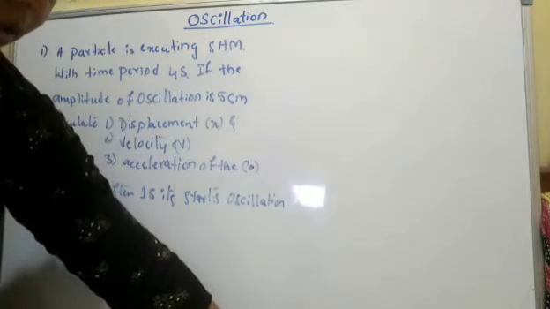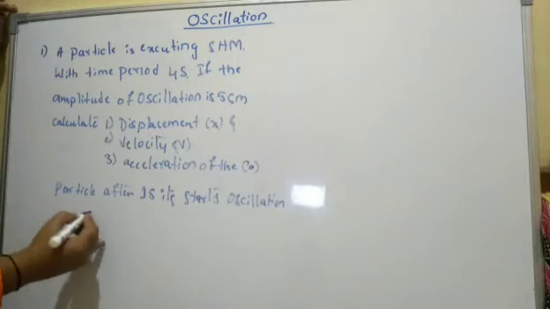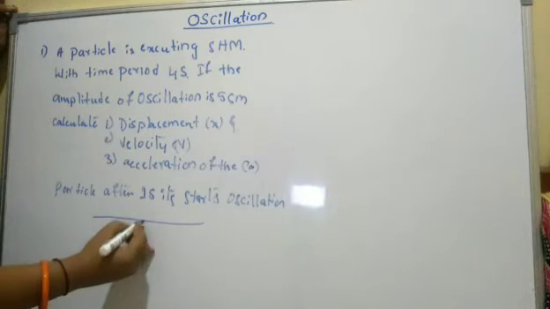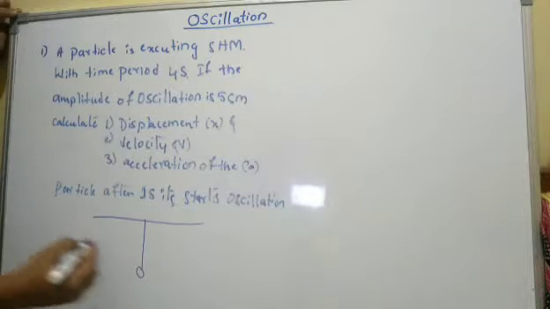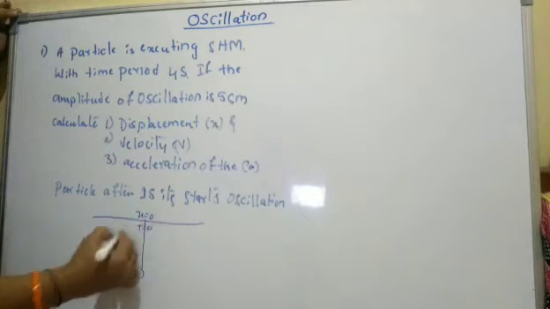First we have to go ahead with framing the diagram here. Take the particle executing simple harmonic motion when it is at the mean position, at x is equal to 0 and t is equal to 0.